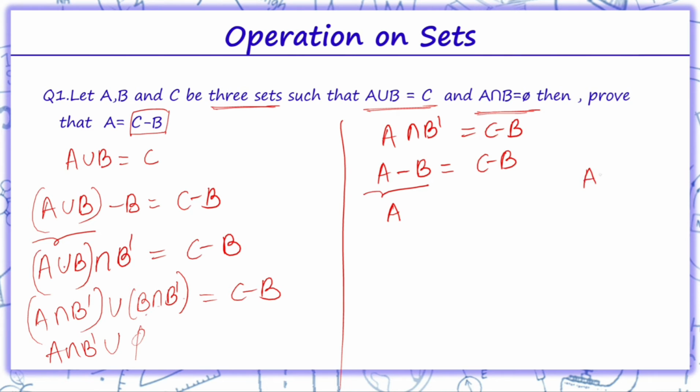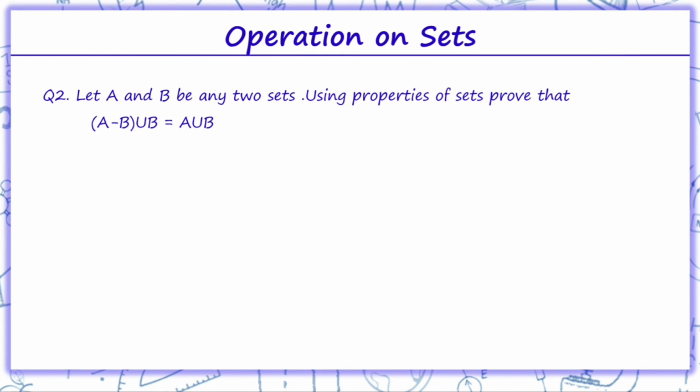Because we know A intersection B is phi, a null set. So therefore A minus B will be written as A, and this is equal to C minus B. So this is how we can solve our questions with the help of theorem 1 and 2.